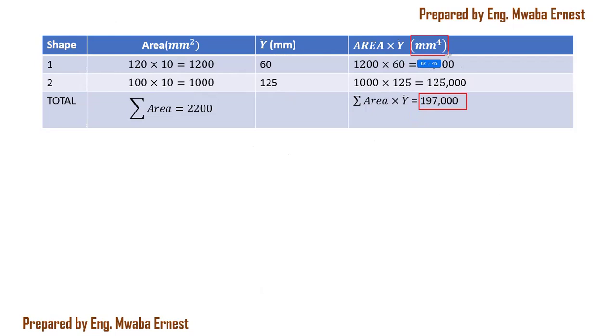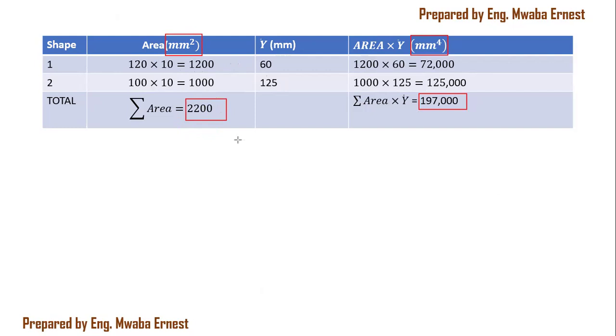This is the summation of area multiplied by that distance for the centroid for each of the shapes. Next is 1,200 plus 1,000. The result is 2,200. For this one also, the unit is here, the square millimeters.